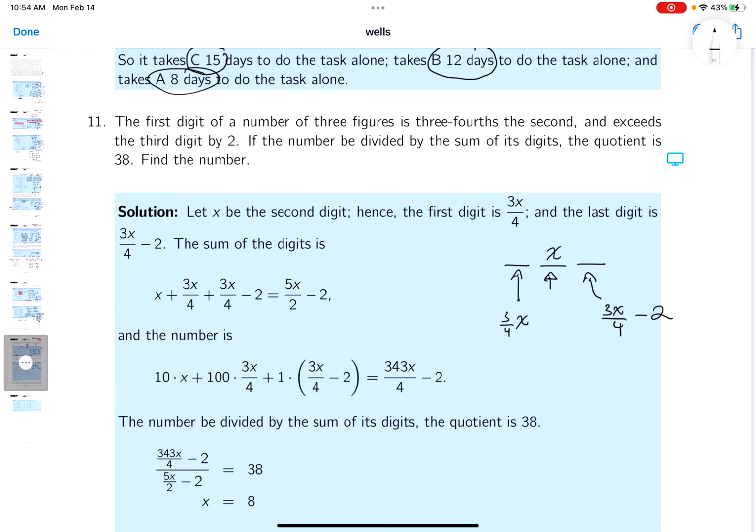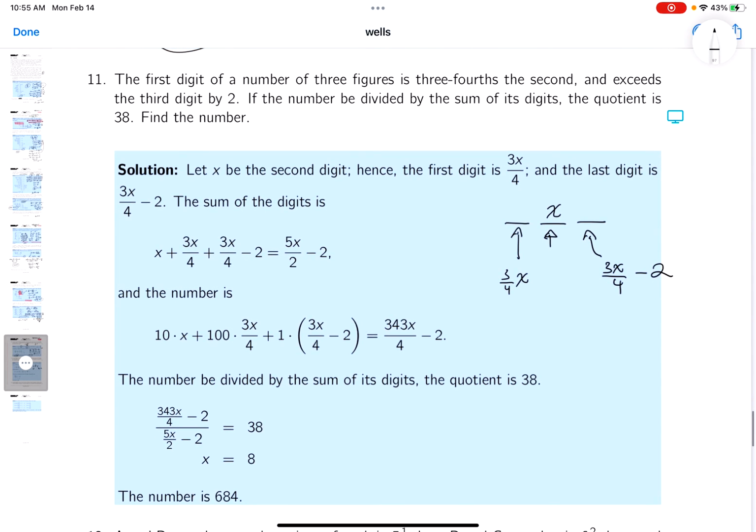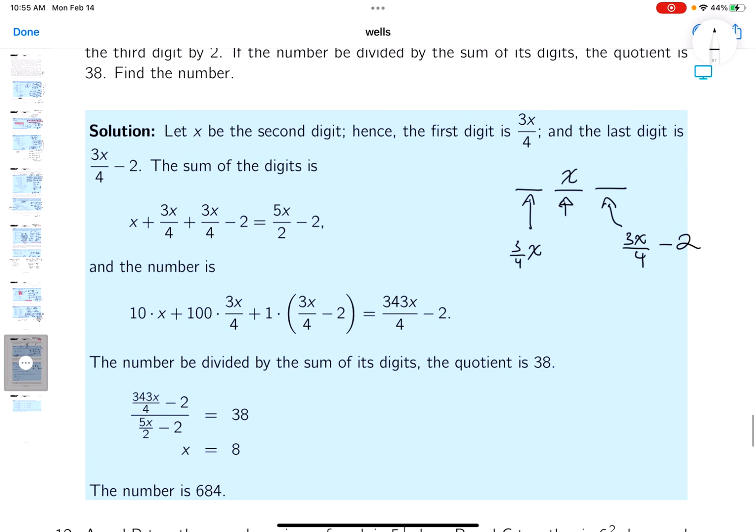We're going to keep reading it. It says, if the number divided by the sum of the digits, well, if you would write the number down, right? Let me just read this. If the number we divide by the sum of the digits, well, let me do the sum of the digits first. So the sum of digits.